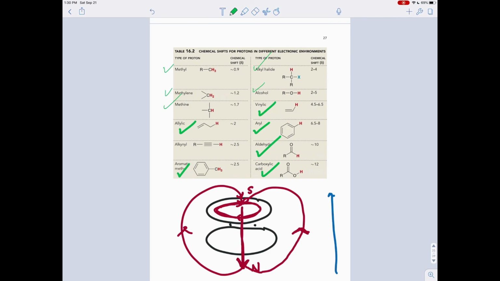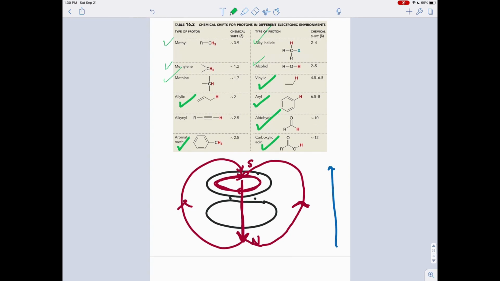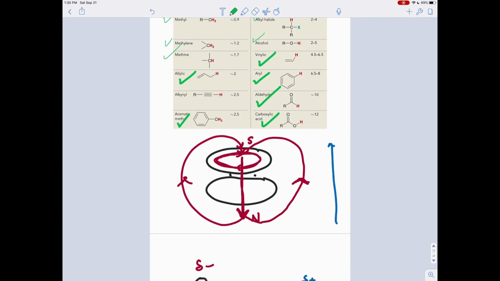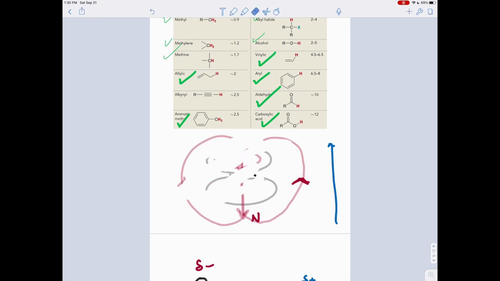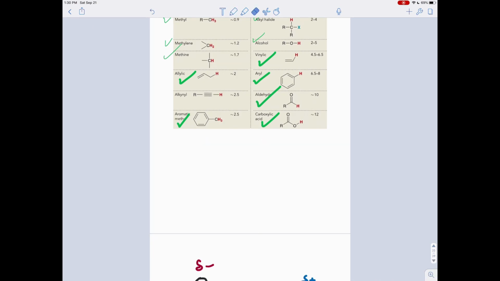All right, last but not least is the hydrogen on an alkyne. For that, we have to picture how the electrons are flowing around in the alkyne bond. Now alkynes will have 2 parallel p orbitals. One will be, say, the py's.